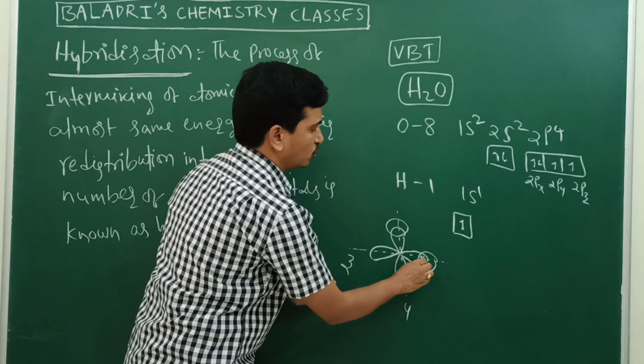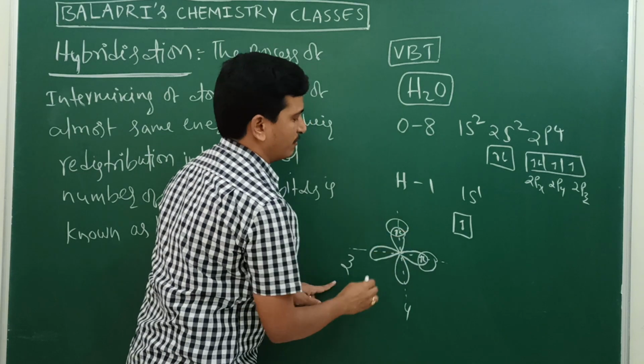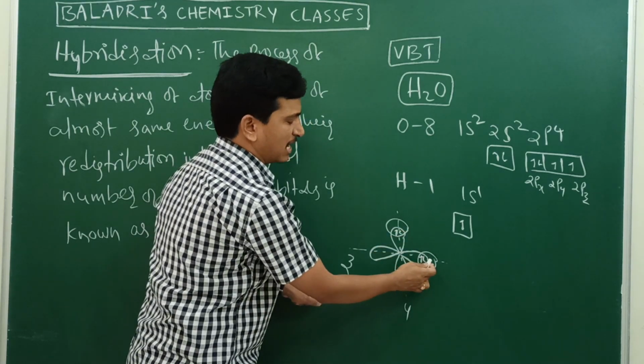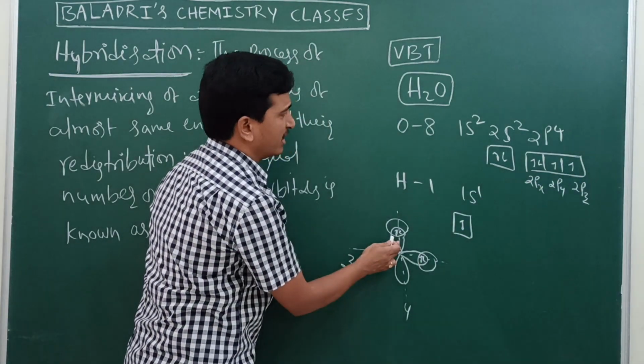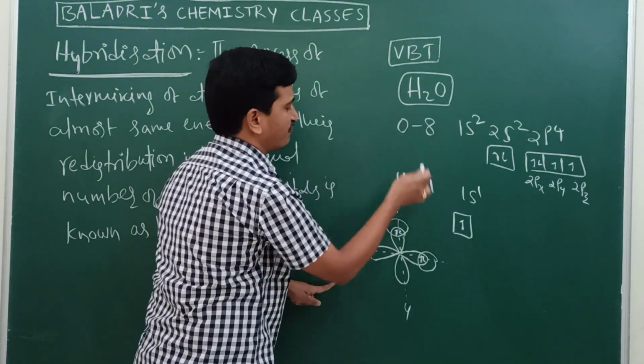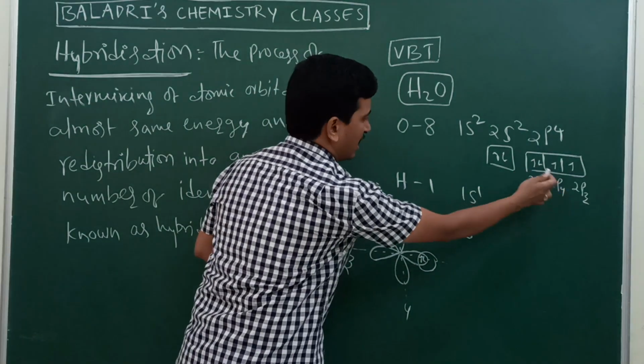Like this, 2 bonds are formed in the water molecule. One is formed by the s orbital of hydrogen with the pz orbital of oxygen. The other bond is formed by the s orbital of another hydrogen and the py orbital of oxygen.